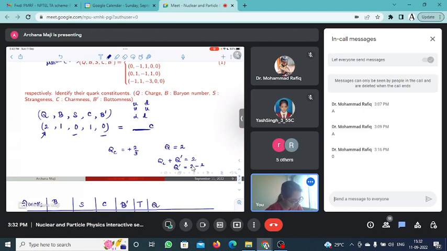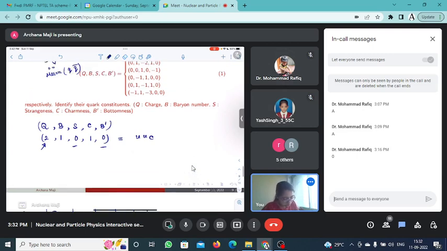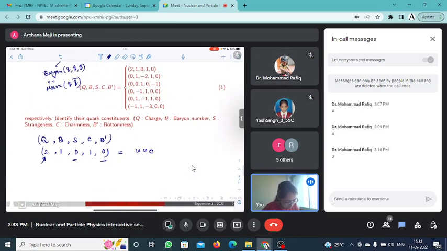So 2 minus 2/3, if we do, we get 4/3. So in order to have 4/3 charge, you must have 2 other U quarks. So the quark content will be UUC. Is this clear? Yes, ma'am. Okay, so then tell me the next one.